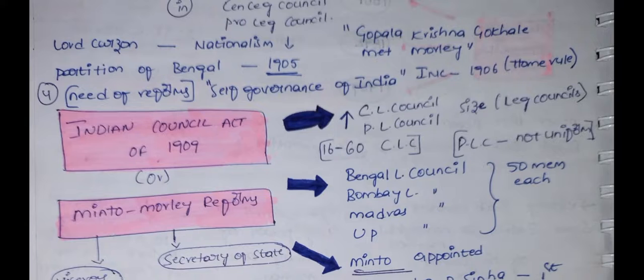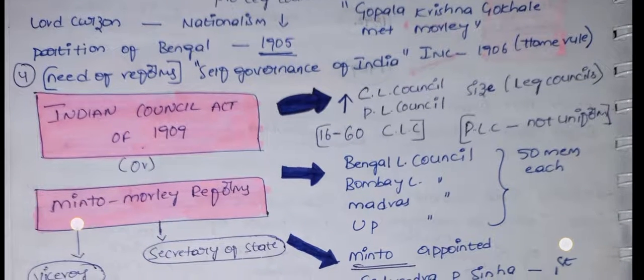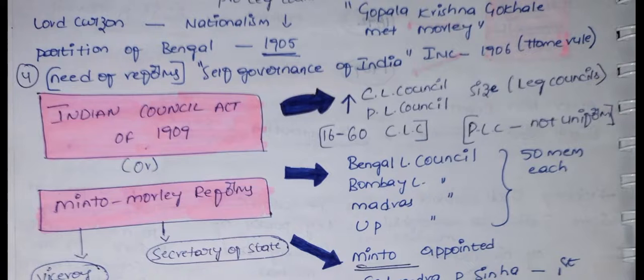In the Indian Councils Act of 1909, the size of the legislative councils was increased. The Central Legislative Council went from 16 members to 60, and it had an official majority. The Provincial Legislative Councils were not uniform.